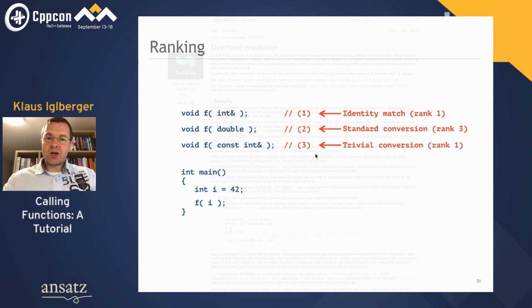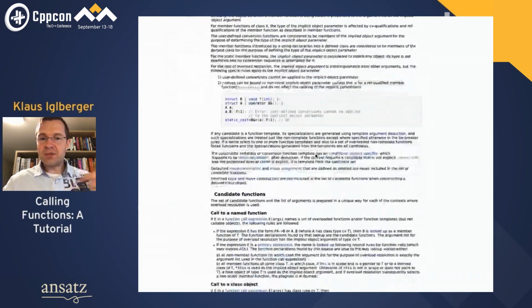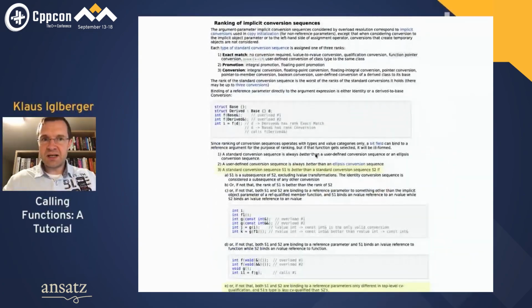If you, for instance, go to cppreference, you will find a very, very good article about overload resolution. It is a pretty lengthy article, but it is definitely worth reading in its entirety to get a better feeling of what is possible. So I simply scroll down now to the point that gives us an indication what happens in this particular case. So we are ranking implicit conversions now.